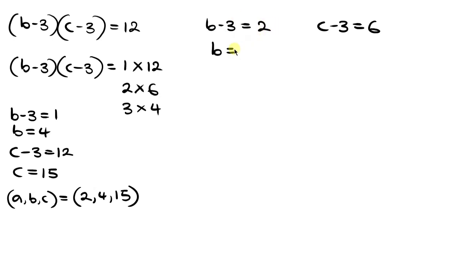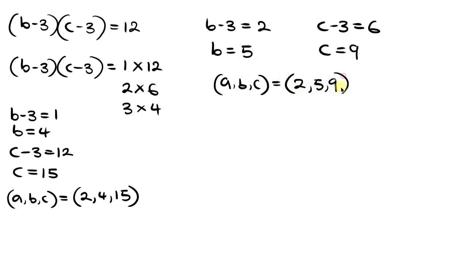So 2 plus 3 is 5. The same thing here, when I move negative 3 to the right, becomes plus 3. So 6 plus 3 is 9, making C to be equal to 9. So the values of A, B, and C here is equal to, remember, we are solving for when A is 2, B will be 5, and C will be 9.